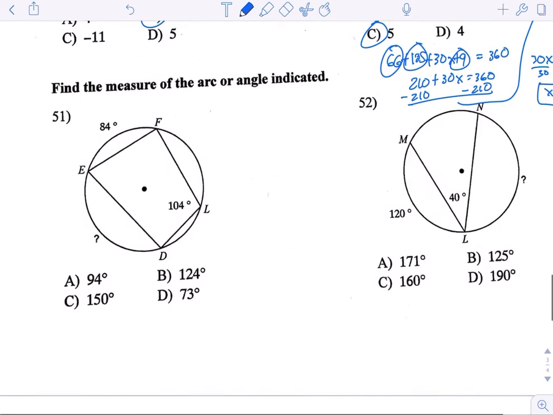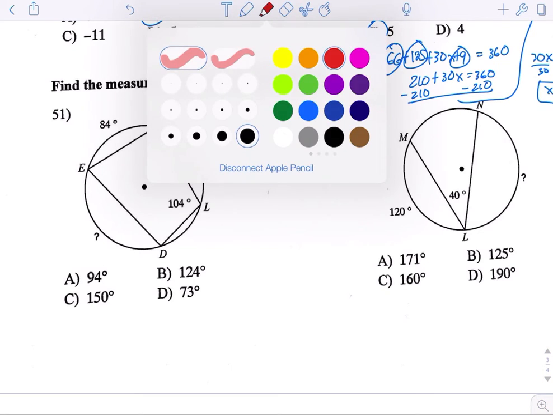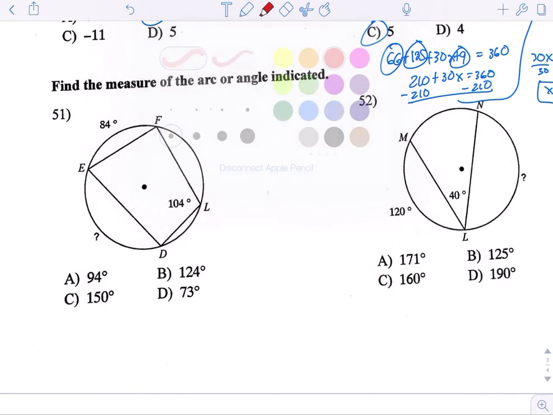Okay, so 51, this is where you guys are going to get into inscribed angles, okay? So do you guys see this right here? This angle right there, you guys, is what you call an inscribed angle.